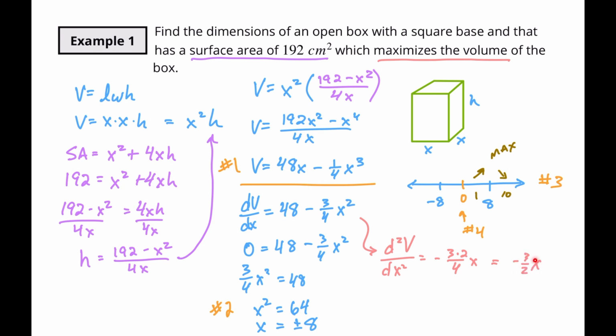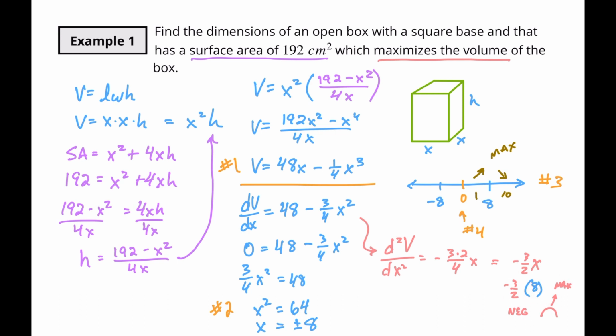Well, if that's my second derivative, and I know I want to use this x value, if I put that 8 into here, negative 3 over 2 times 8, that's going to give me a negative value. And a negative value with our second derivative means that we are concave down, which means we have a maximum value at the value of 8.